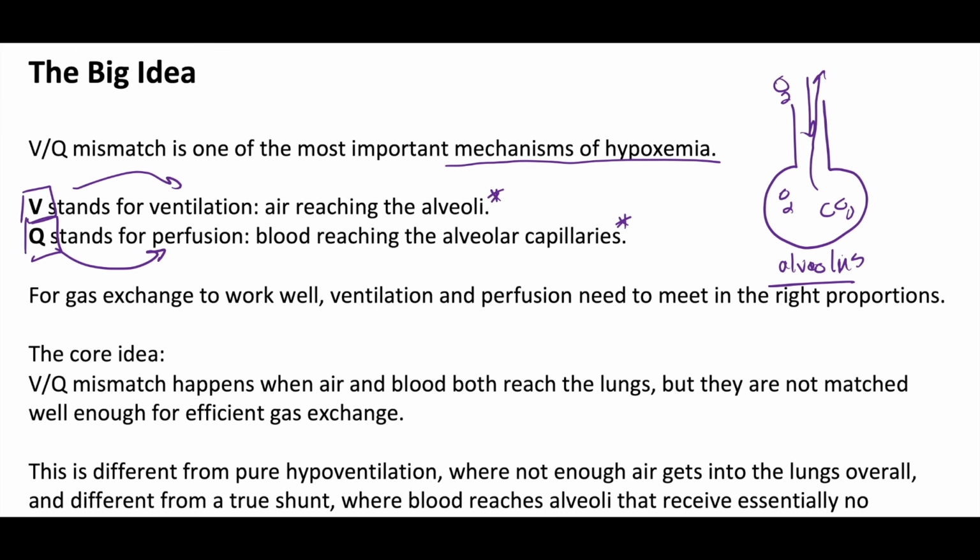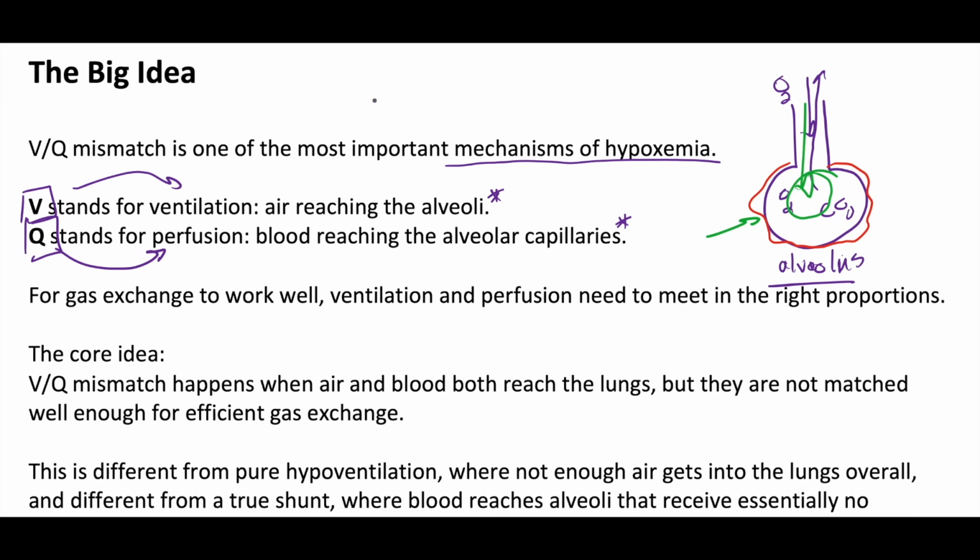This is the area where there's gas exchange, and there's capillaries coating the outside of this alveolus. Okay, so VQ mismatch is when there's mismatch between the air that is reaching the alveoli and the blood flow that is reaching the alveolus. All right, so it's mismatch between the air reaching the alveolus and the blood flow that reaches the alveolus.